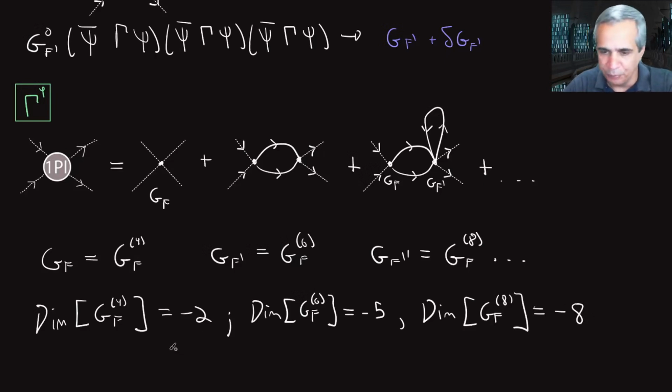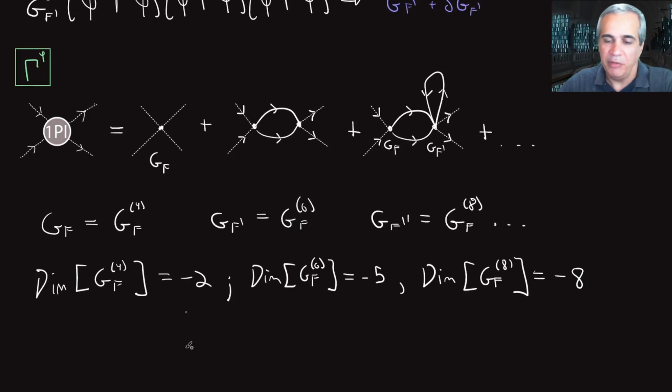Now, dimensionful quantities introduce scales in your theory. This is a natural scale for your theory, essentially. There's a number with dimension of 1 over energy squared. So I can rewrite these couplings in a more intuitive way by extracting the dimension out of them. I could write GF4 as G4 times some mass scale to the power -2, which I'll call M4.